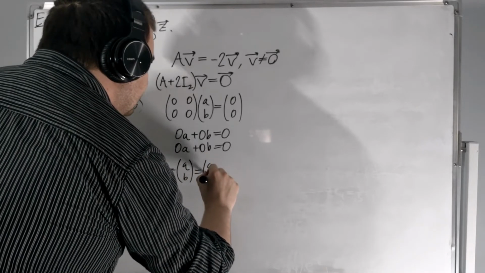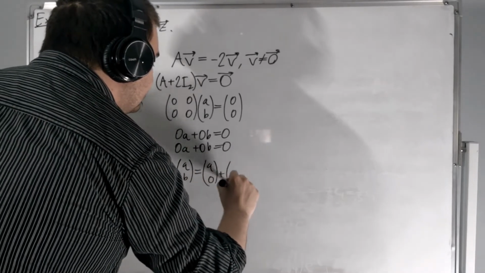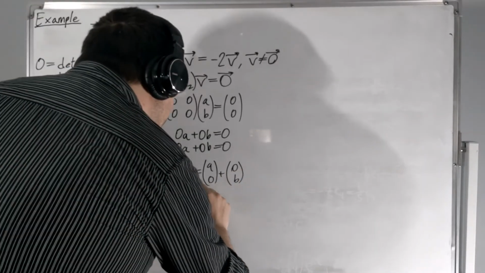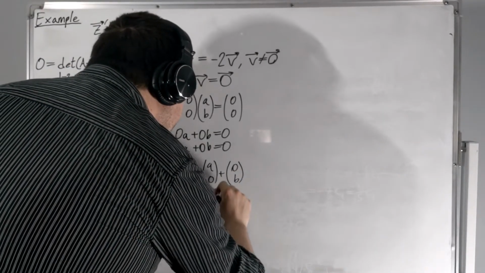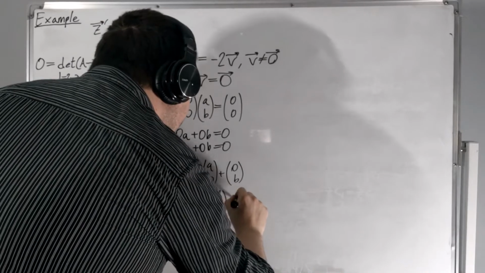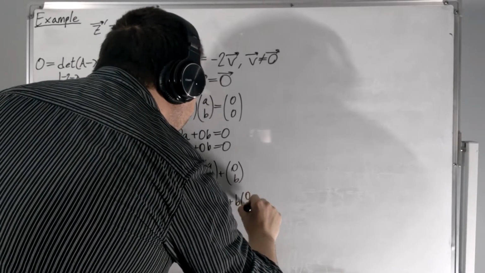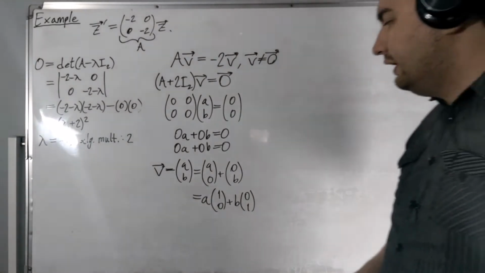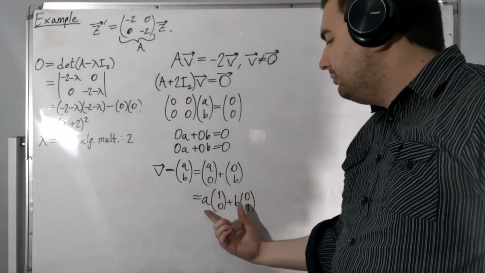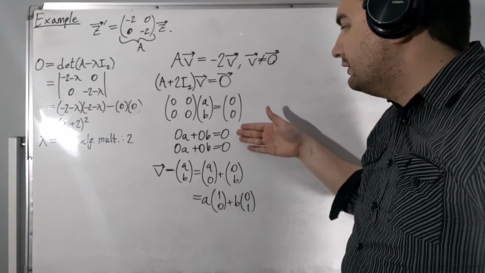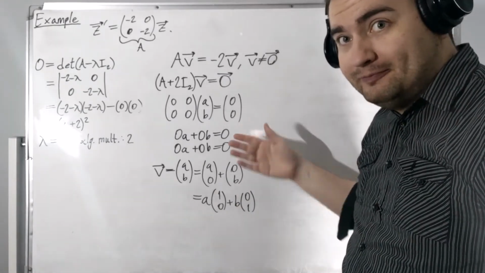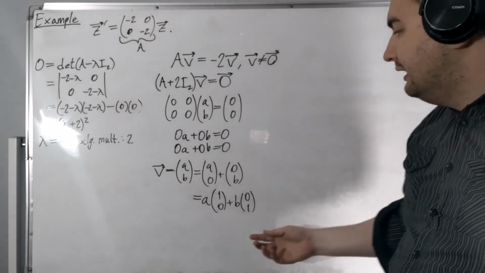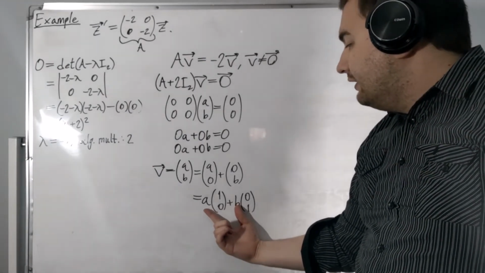Okay? So what we get here is the eigenvector, which I'll call v, with components a, b. Well, this is a times 1, 0 plus b times 0, 1. Since a and b have no relationship, according to the fact that we did the multiplication and found no relationship between them, they can be anything.